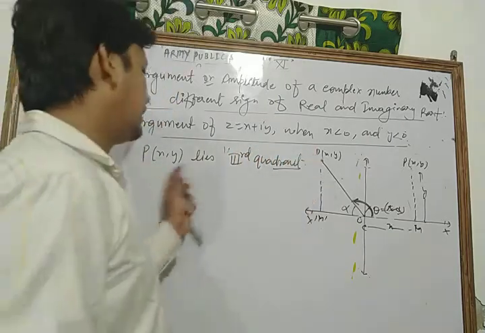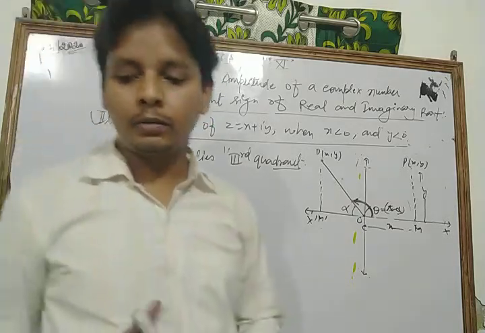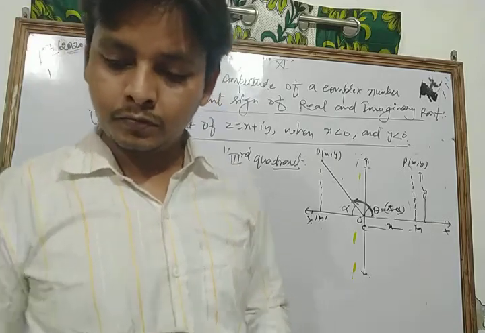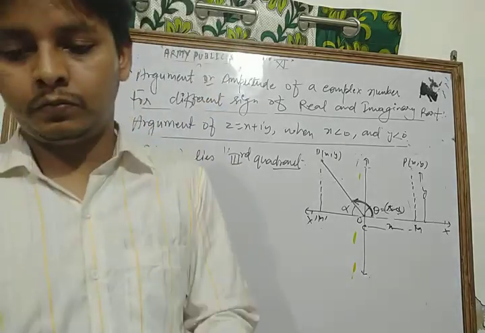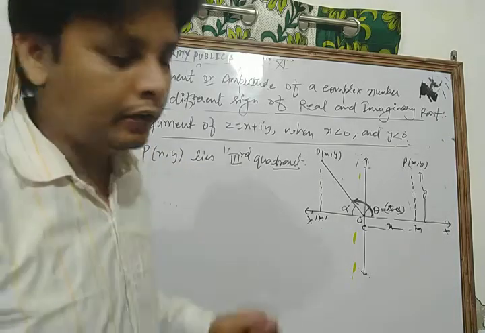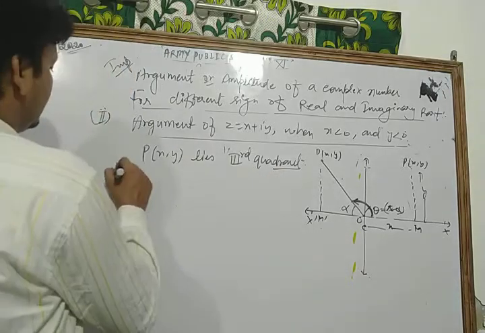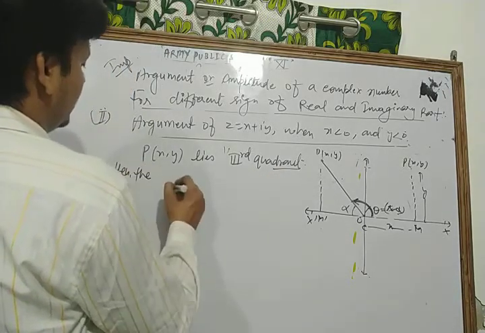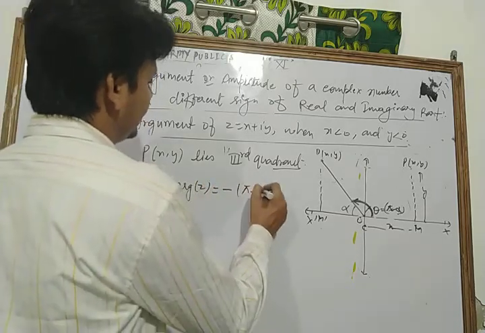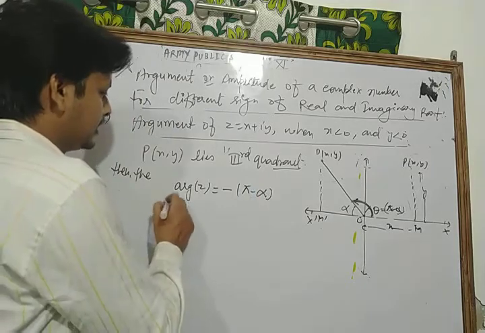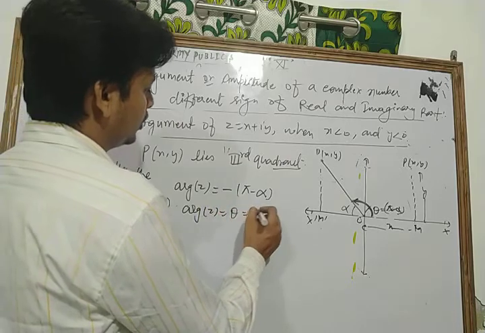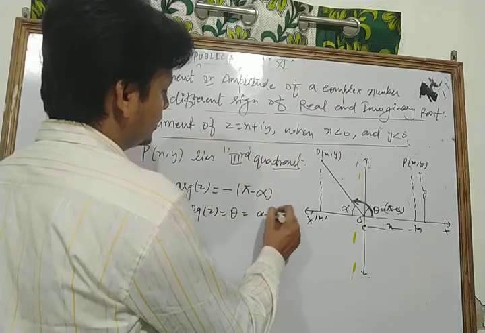If P lies in the third quadrant, then please note, dear students, that the argument of z is theta, which is equal to minus (pi minus alpha), or we can write alpha minus pi.